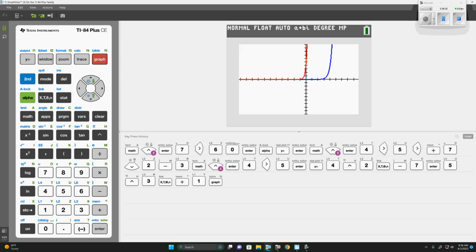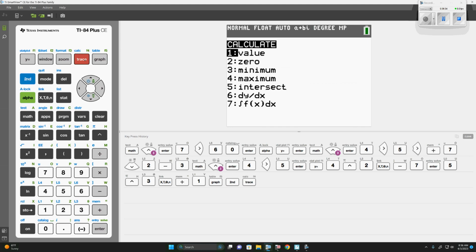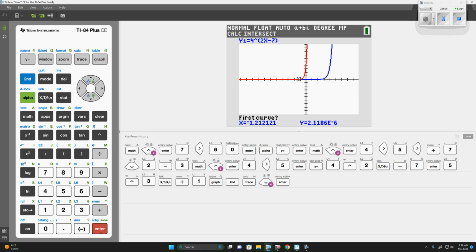So we have these two equations here, yes? And again, we're looking for where they cross, where they intersect. And what we can do is say second trace, intersection.